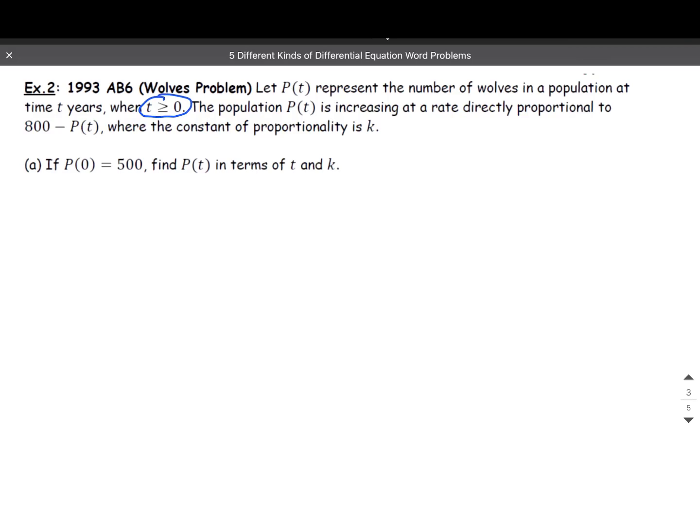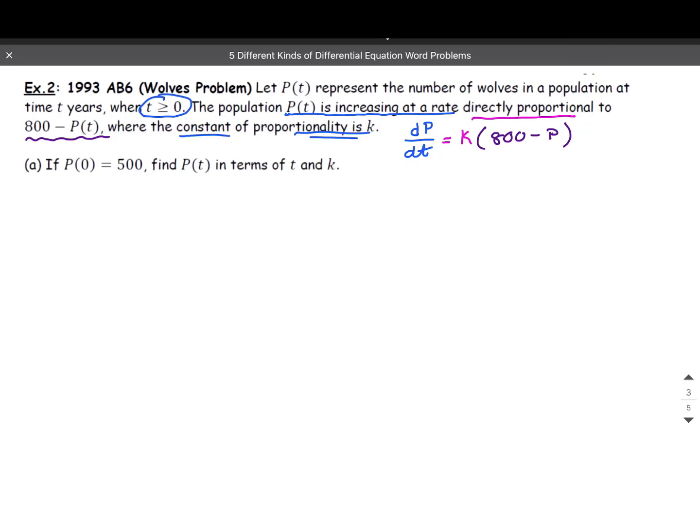The population P of t is increasing at a rate, so that's dP/dt, that is directly proportional to, means equals k, and it's proportional to this quantity, so it's times 800 minus P of t, or I'm just going to write P to make our equation simpler here, and we're going to close. The P of t just means it's defined in terms of t. That's our independent variable. And they tell us that our constant of proportionality is k.